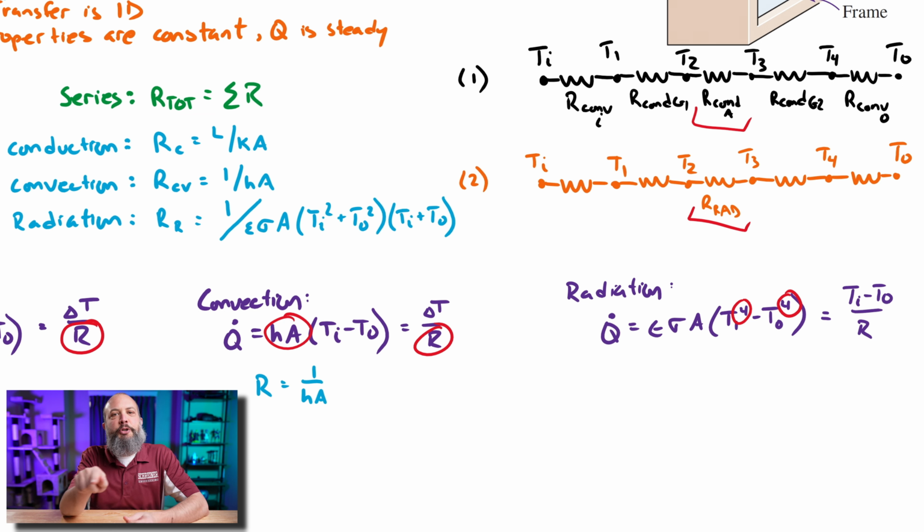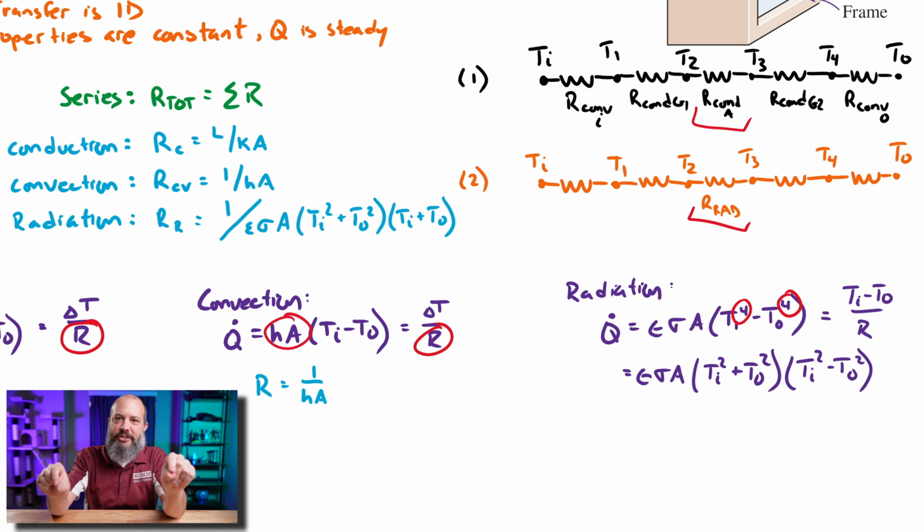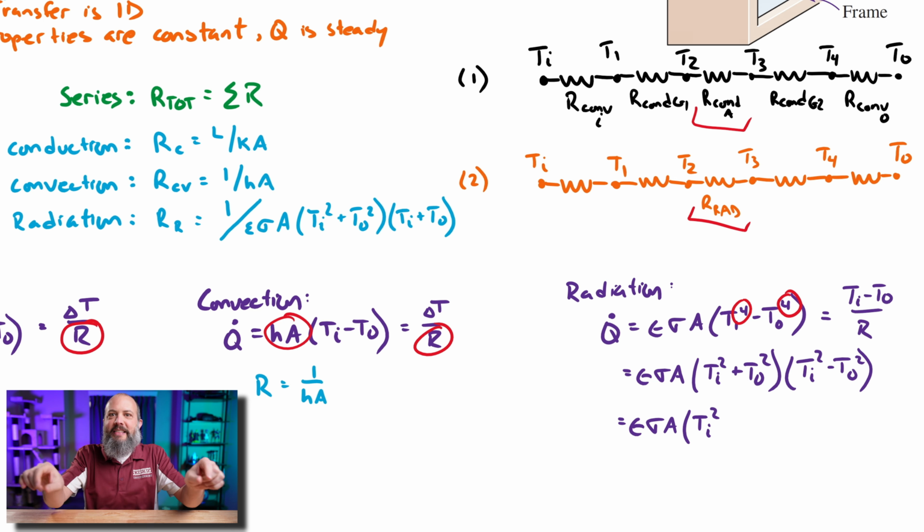So since there's a subtraction sign in between these two temperature terms, we can split this T to the 4th minus T to the 4th into two separate T squared terms, one with addition and one with subtraction. And you can see if you multiply the two first terms, you get a positive temperature to the 4th. If you multiply the two second terms, you get a negative temperature to the 4th because one of them is subtracted. And from FOIL, if you do the insides and the outsides, those terms are going to cancel because one of them will be added and one of them will be subtracted.